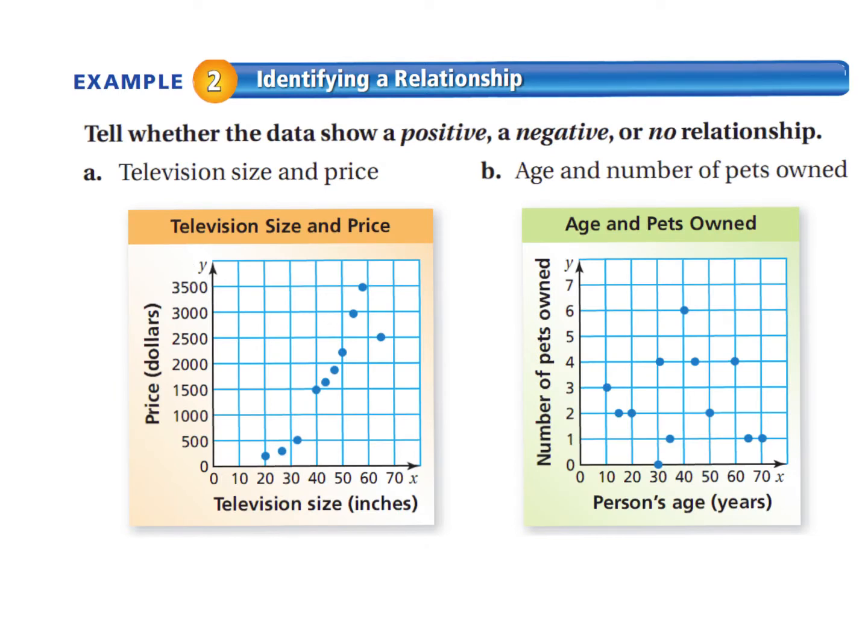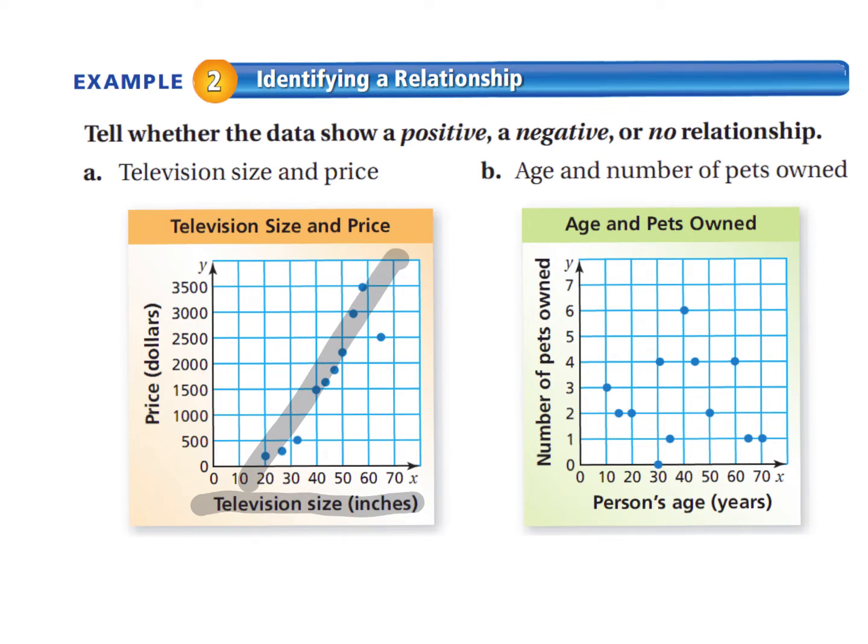So now that we know what the relationships look like, let's go ahead and identify some. We want to know if the data shows a positive, a negative, or no relationship. So we have television size compared to the price. As our television size increases, what happens to the price? Well, it goes up, so it is a positive relationship.